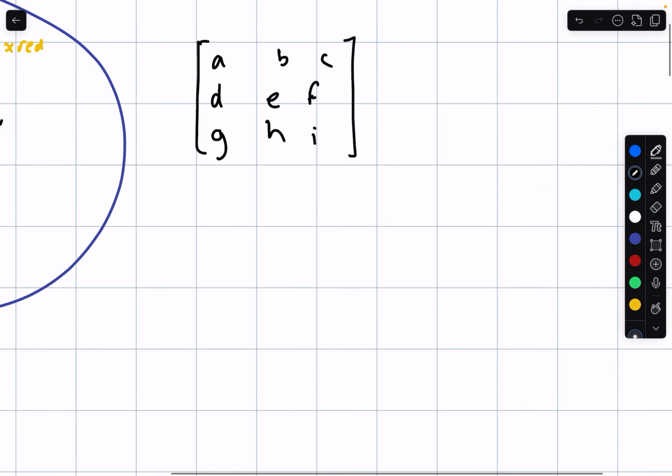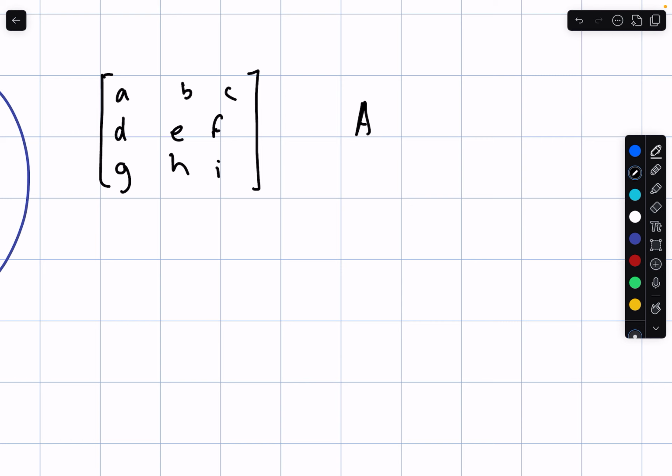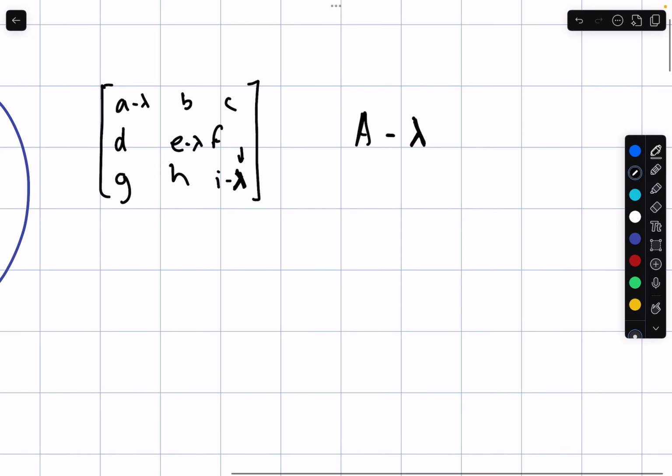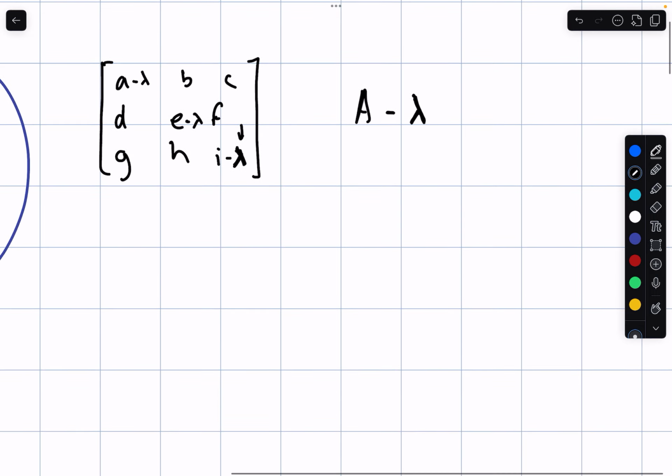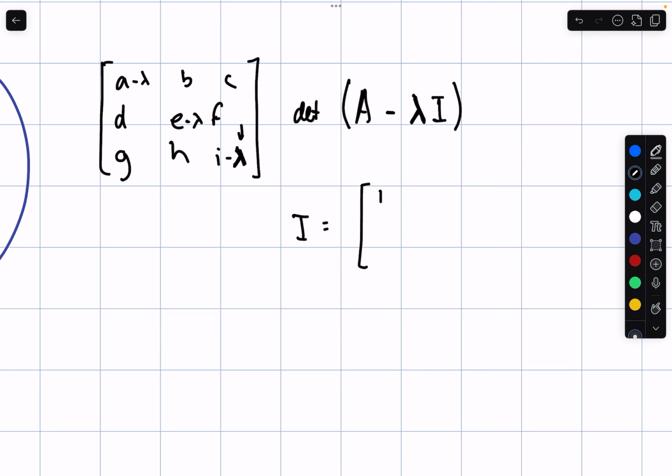If we take the determinant of this matrix with A minus lambda on the diagonals, so like this, the values of lambda that make this determinant 0 are going to be our eigenvalues. And so the way that we write this notationally is it's the determinant of A minus lambda I, where I is the identity matrix, and that's just a matrix with 1s along the diagonal.